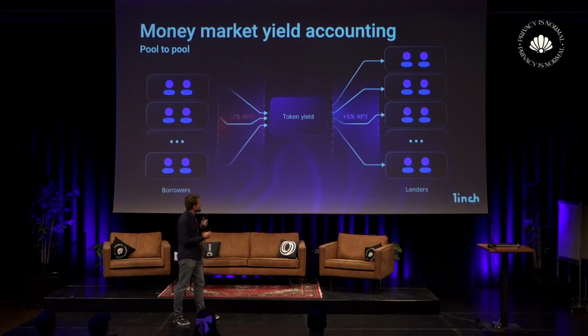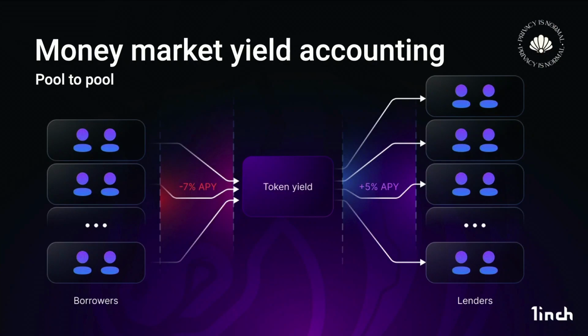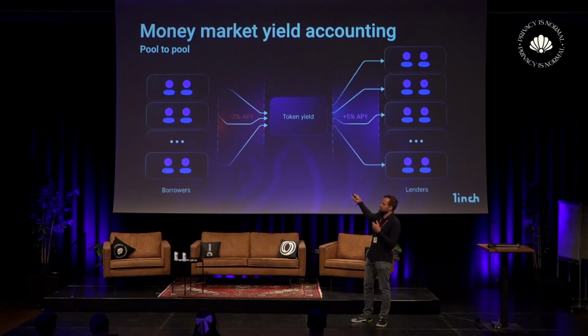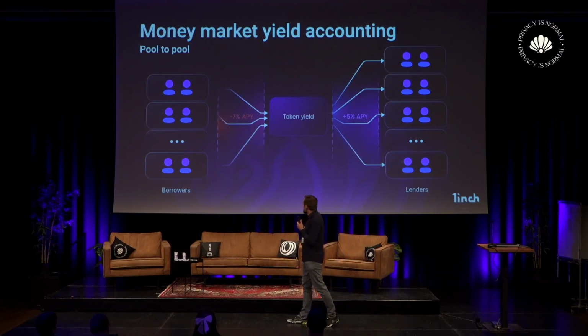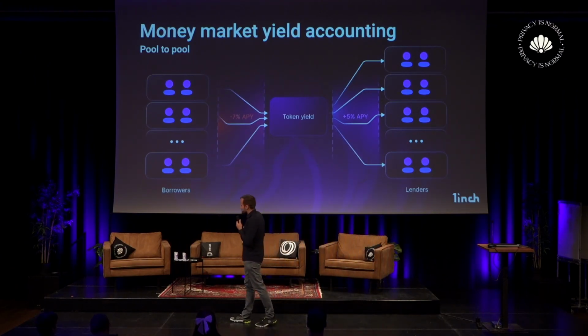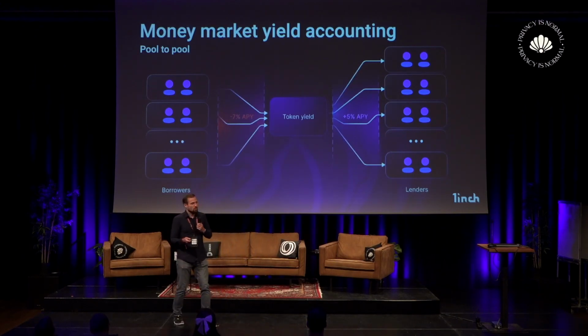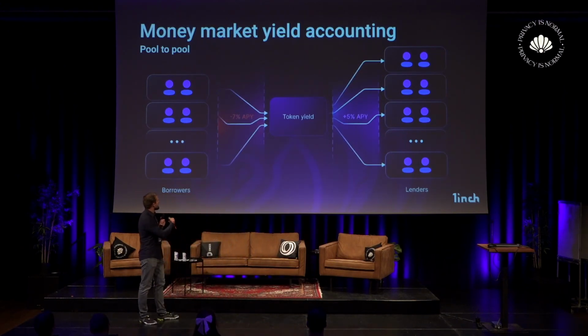For example, for a money market, we see that borrowers gradually pay interest, and this interest is redistributed among lenders, liquidity providers. So it looks like two different algorithms are involved here. One is collecting assets from multiple participants, and another is distributing value among multiple participants.